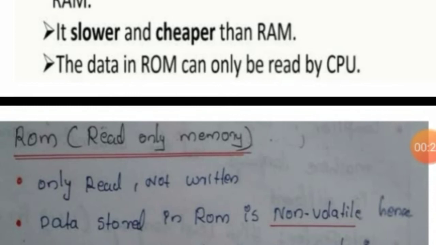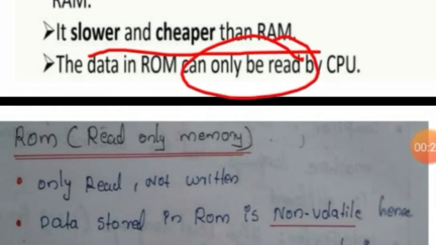It is slower and cheaper than RAM. The data in ROM can only be read by the CPU. RAM can be read and written, but ROM can only be read. That is one of the differences between RAM and ROM.